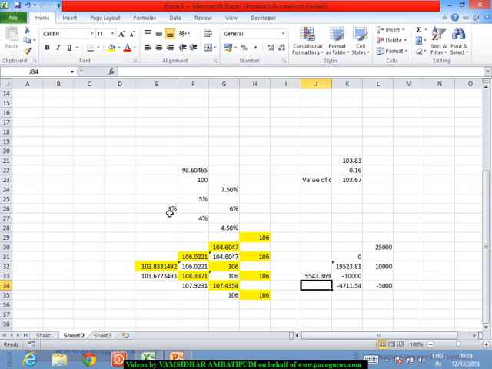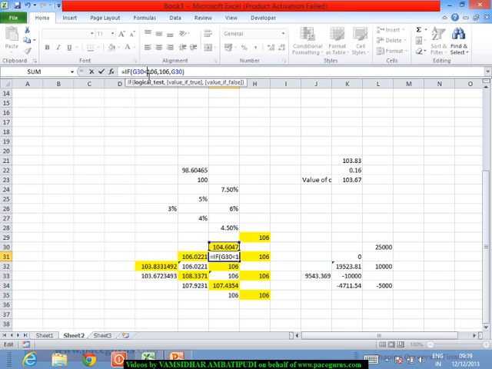So with the same logic, if I want to go for a puttable bond instead of a callable bond in this example itself, I could have directly taken, if this is less than 106, I'll replace it with 106.